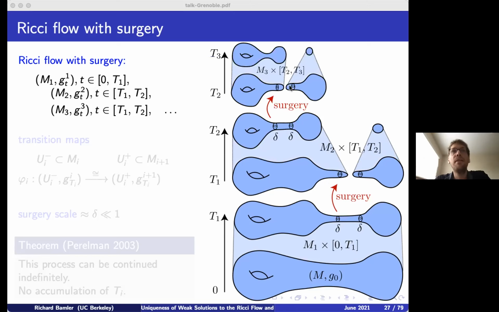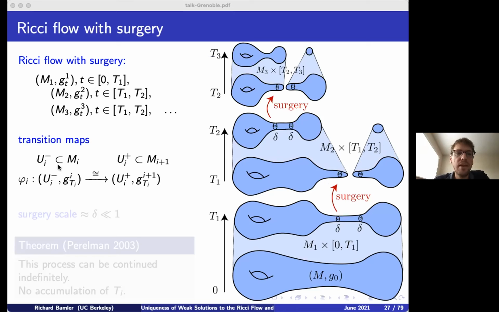Okay, so just to recap, we have this Ricci flow with surgery given by a sequence of Ricci flows, and there is some kind of relation between these Ricci flows given by what are called transition maps.